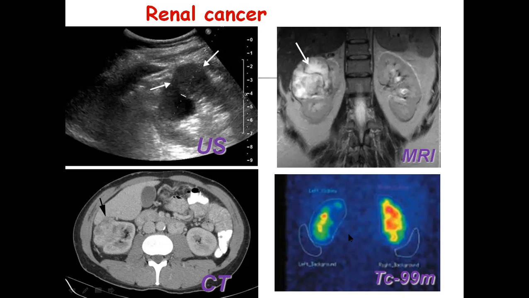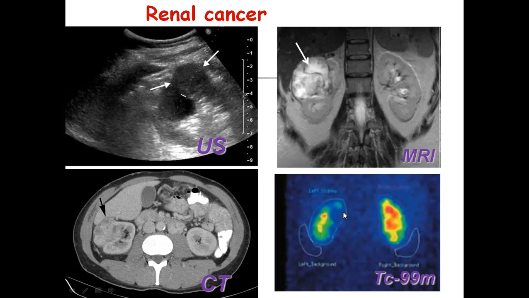And at last, renal scintigraphy with technetium: normal accumulation on the right side and lack of accumulation of radiopharmaceutical in the upper pole of the left kidney.